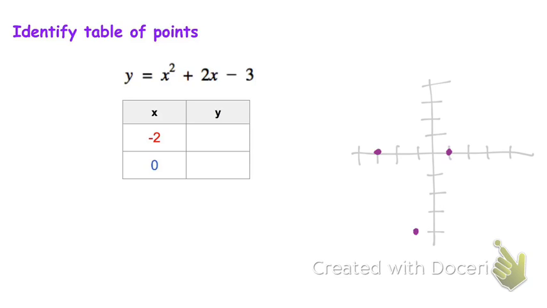So for instance, if it's asking what is y when you put -2 in for x, then you just go to this equation and substitute -2 in for x. So we have (-2) squared plus 2 times -2 minus 3, and you see what that equals.